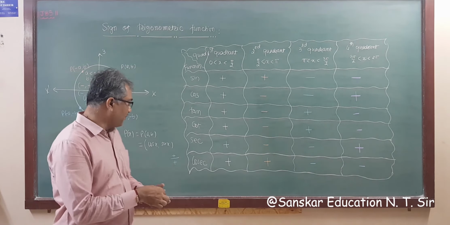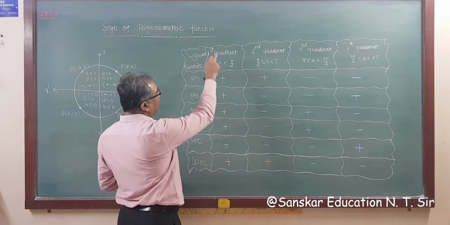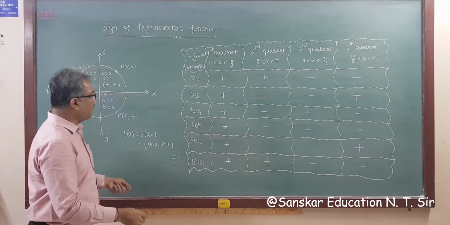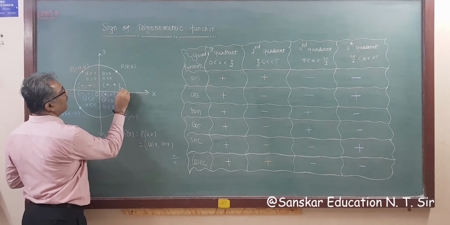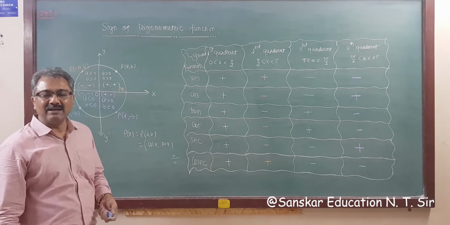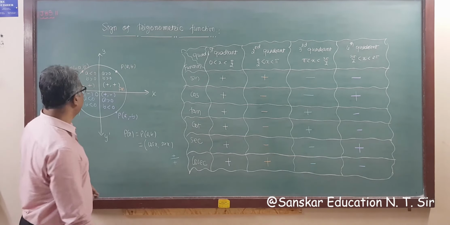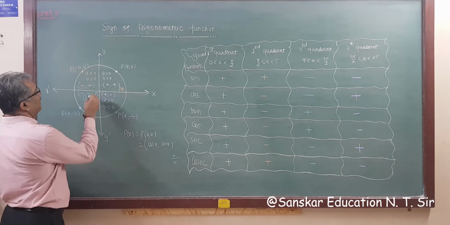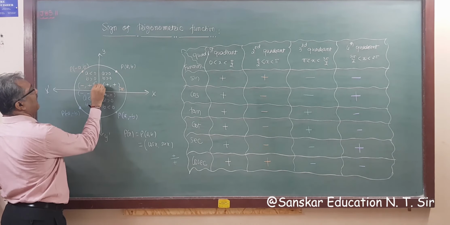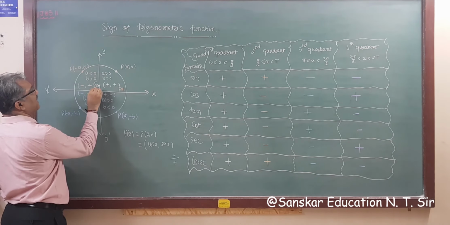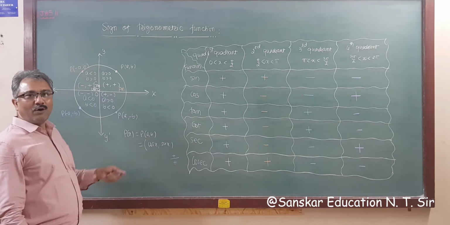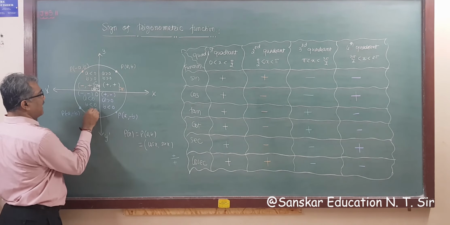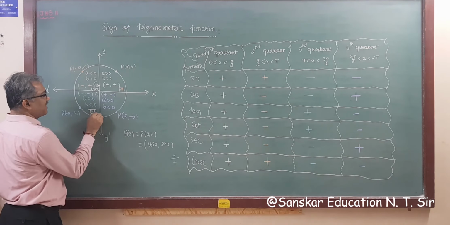So what you have to remember? Remember this thing. In the first quadrant, all are positive. In the second quadrant, there is no space to write, but sine and its reciprocal, that is cosec, are positive. In the third quadrant, tan and its reciprocal cot are positive.